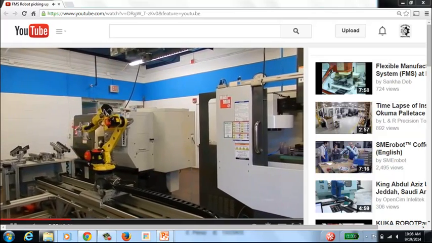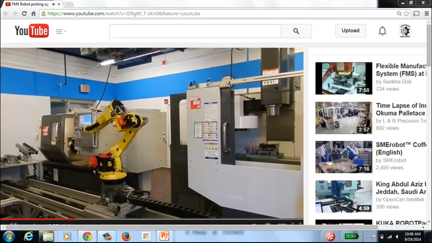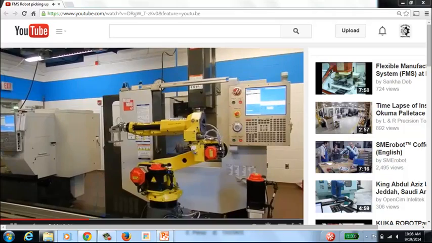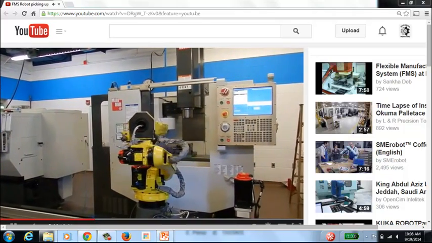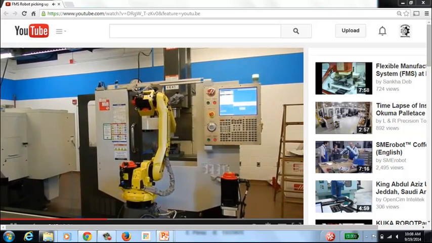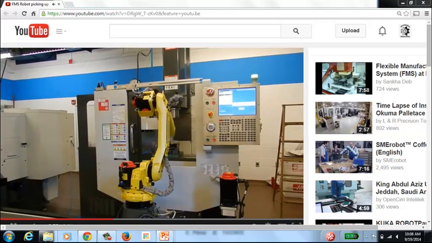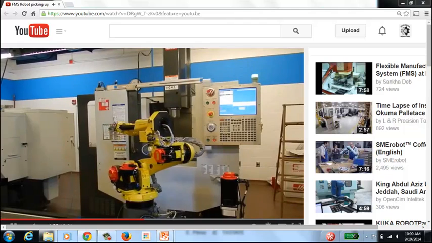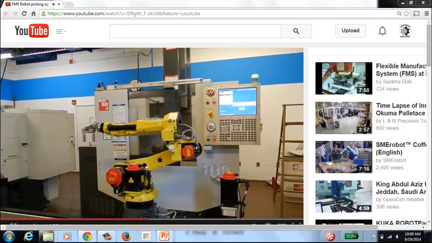So you'll see the robot take the part and it will transfer it from one station to the next one. And once the part is placed on that machine, then the robot will get another instruction to see where it needs to go and if it needs to transfer any other part to another machine.